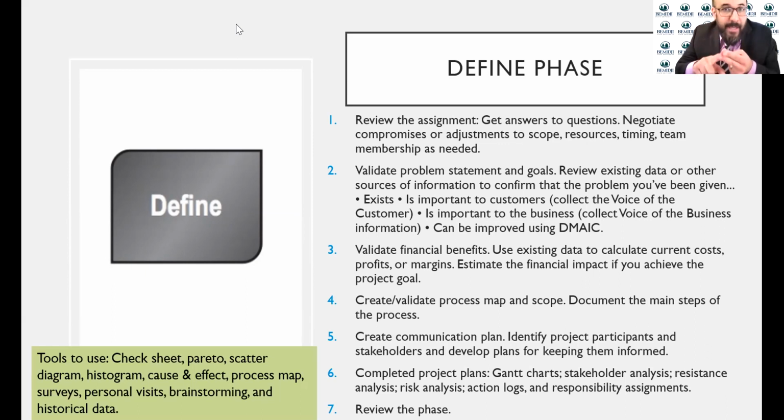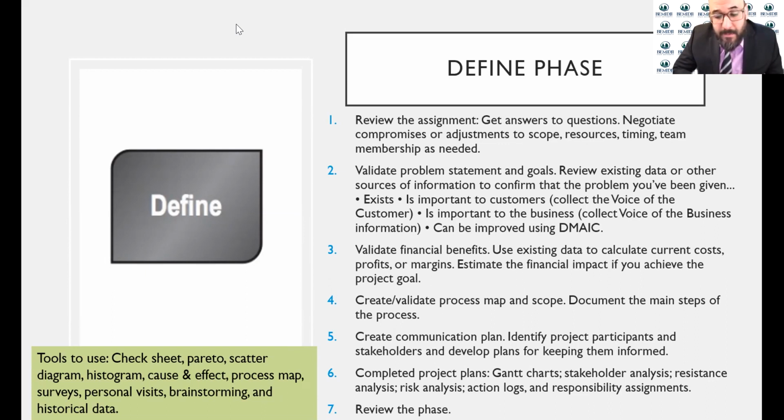Also, you need to verify the problem, whether using historical data, past data, or you collect the data by yourself. And one of the things that you want to do is create the process map. So in the define phase, you need some data, you need to create a process map.